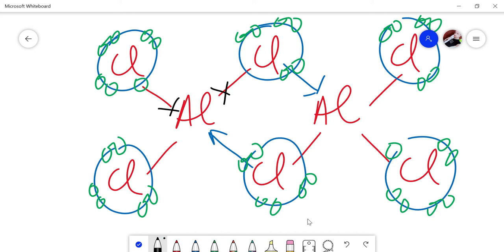Cross and a cross and a cross. That's it. One dot is still left.